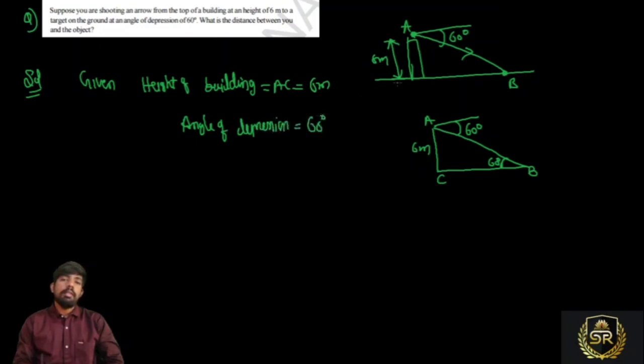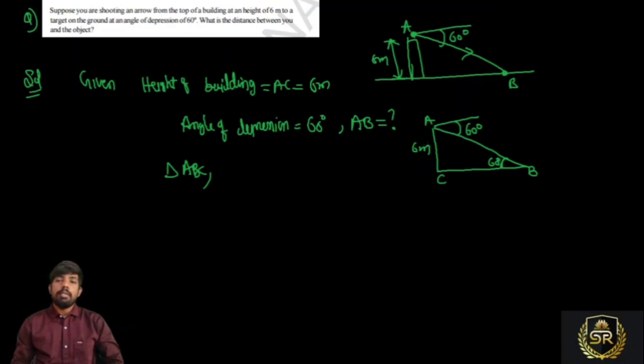So we write this as theta, and this is also theta. That is why here is the right-angled triangle ABC. We are supposed to find the distance AB. What is asked? The AB distance.